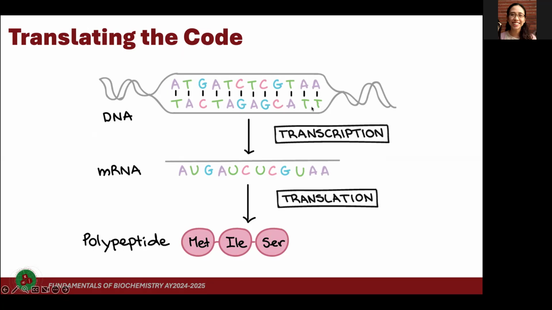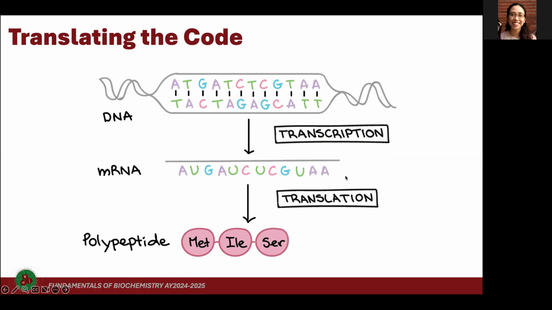And then the template strand is read by your RNA polymerase, and it synthesizes a complementary mRNA transcript. So recall that the sequence of your mRNA transcript is similar to the sequence of your coding strand. The only difference being that the T in your coding strand is replaced by a U in the mRNA transcript.